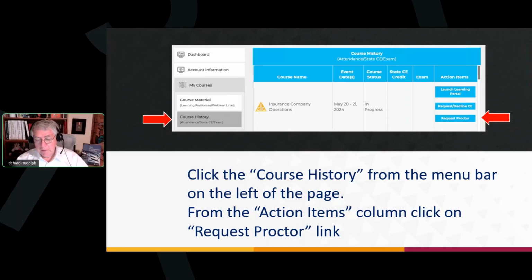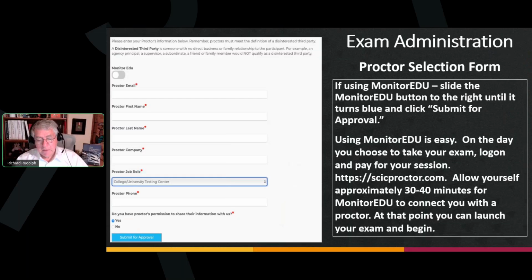That's how you do it. Click, and then you'll see a screen that looks like this. And if you're doing Monitor EDU, you use the little slider right here, and that's all done. If you're having something else, then you've got to fill all the other stuff out and submit it for approval. So that's why most people pick Monitor EDU.